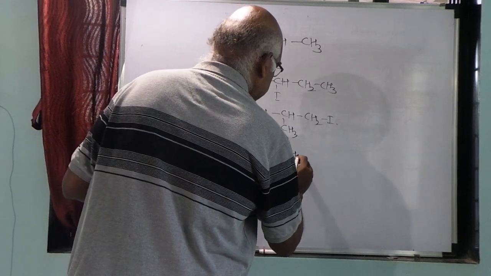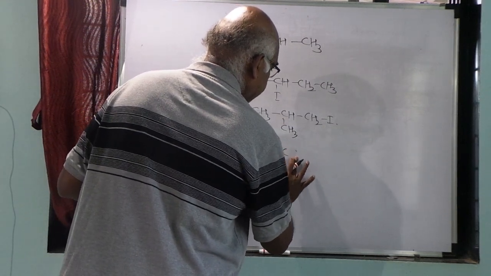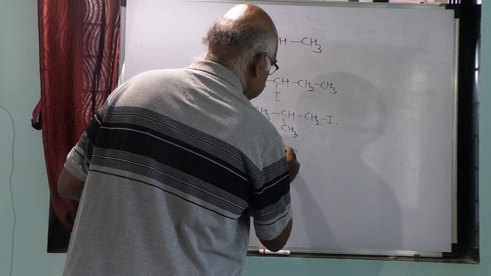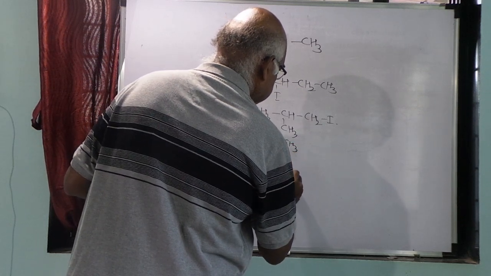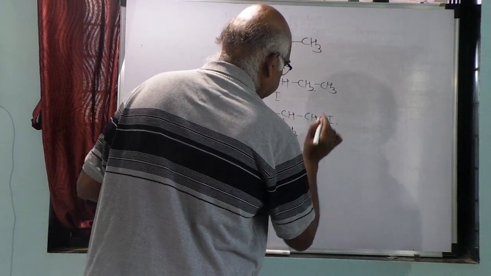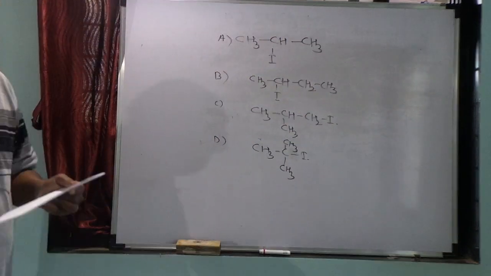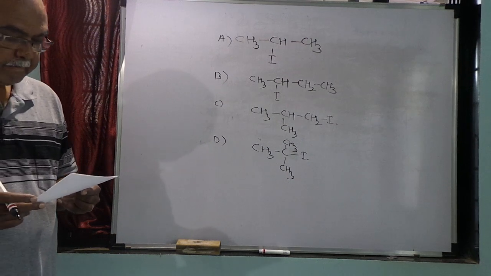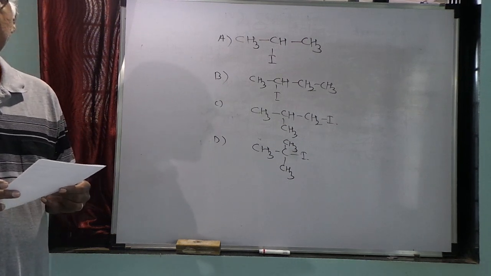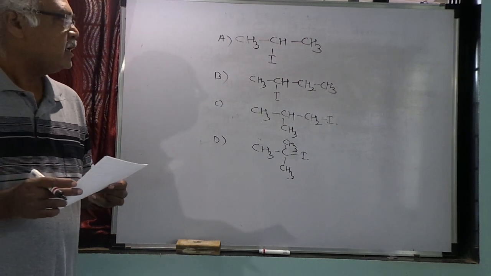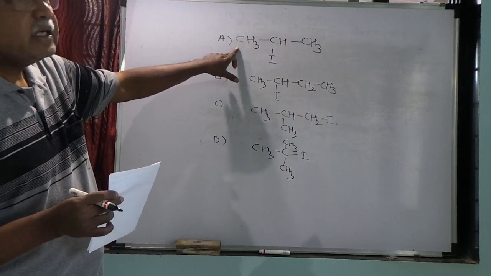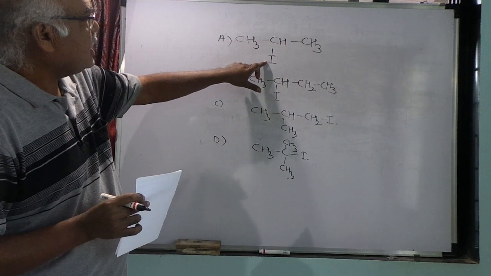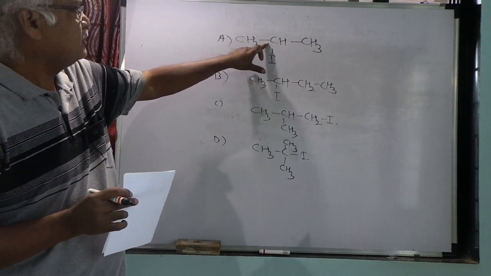CH3 C CH3 CH3 and I. They want which of the following is a primary alkyl halide. Now, if you look at number 1, this is a secondary alkyl halide because the halogen atom is attached to a secondary carbon atom.